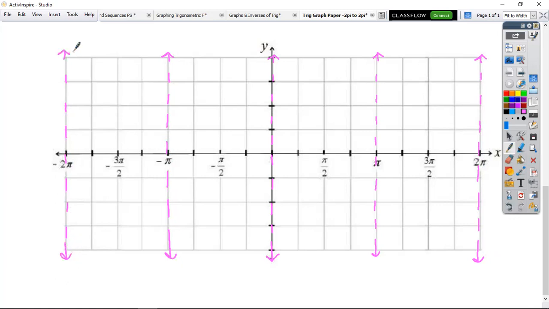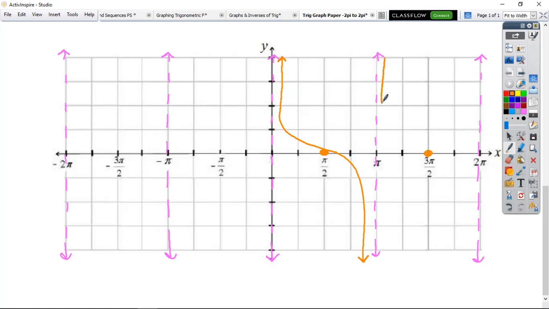Okay, change colors. So now you're going to create your cotangent graph. So pi over 2, we were at 0. And then you're going to approach the asymptote without crossing it. Arrows on the ends of these. Just make sure you have those, please. Same thing here.